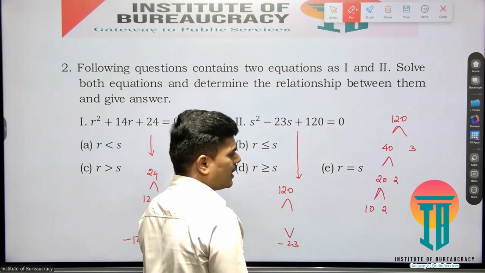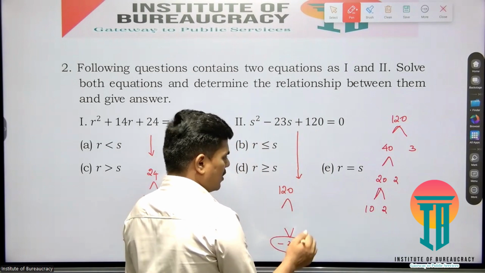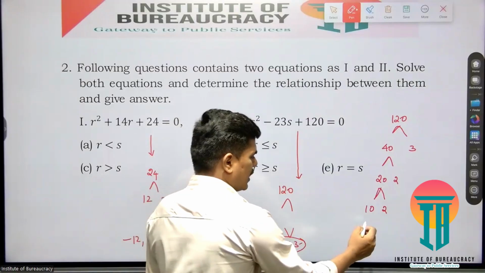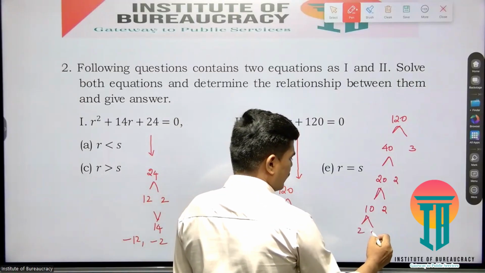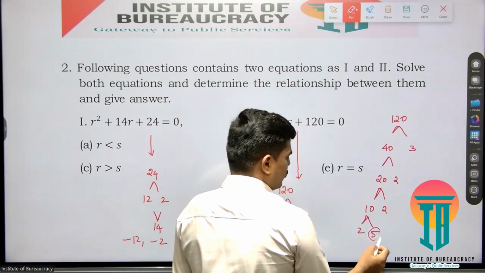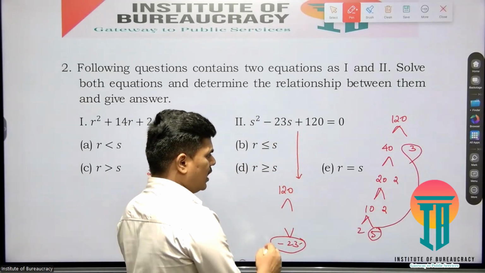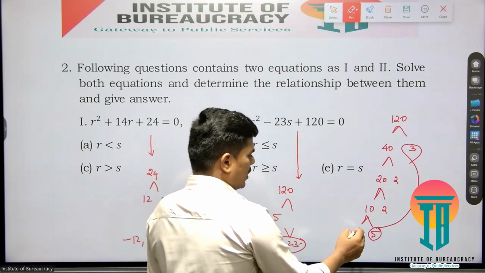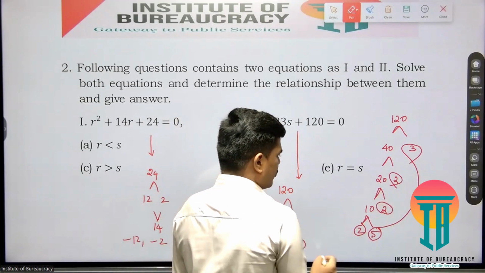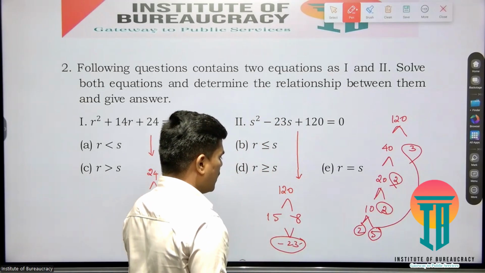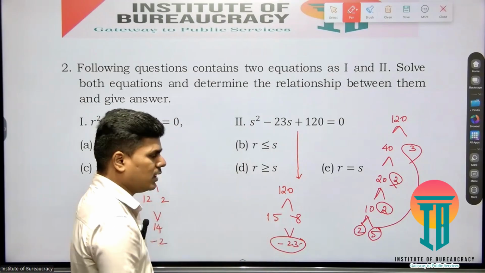So this is what we are having, but we wanted minus 23. So what can we do? We can take 2 into 5, 3 into 5, 15. Then the remaining 2, 2, 2 gives 8. So 15 into 8, 120.